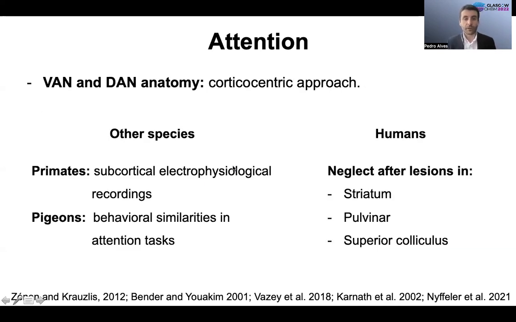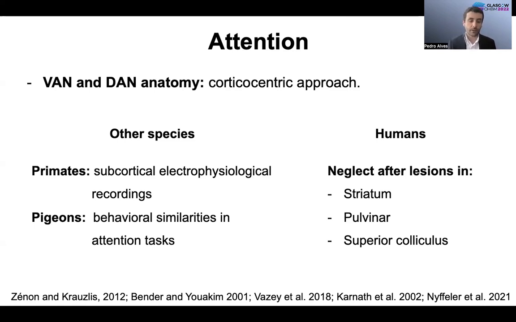The neuroanatomical study of these networks has taken a predominantly corticocentric approach. However, some evidence suggests that they may also be composed of subcortical structures. First, electrophysiological recordings in primates have revealed that subcortical structures such as the pulvinar and the superior colliculi also regulate attention.